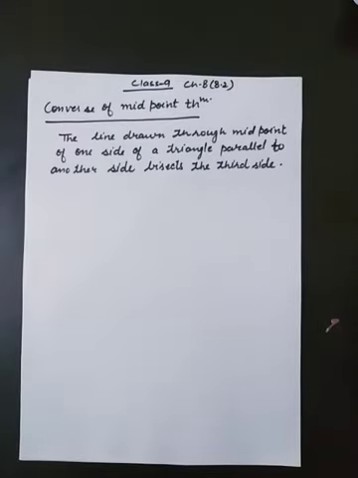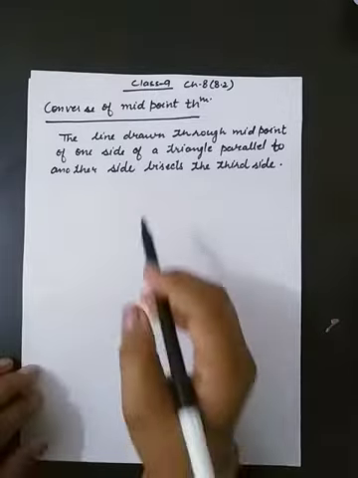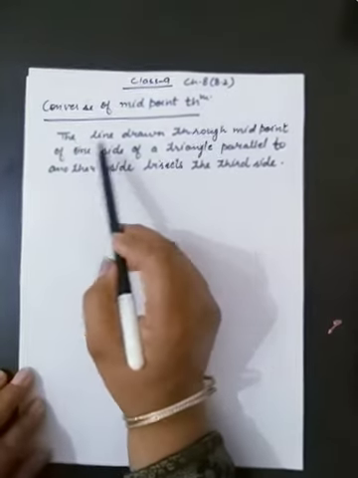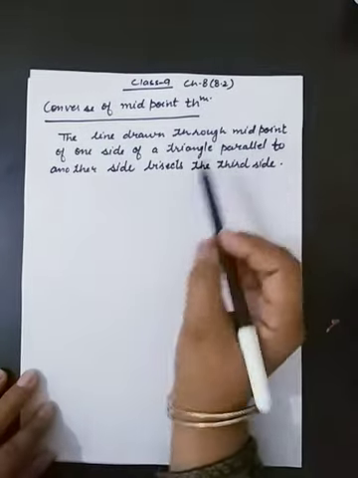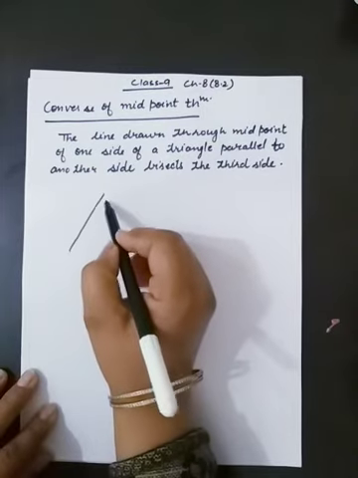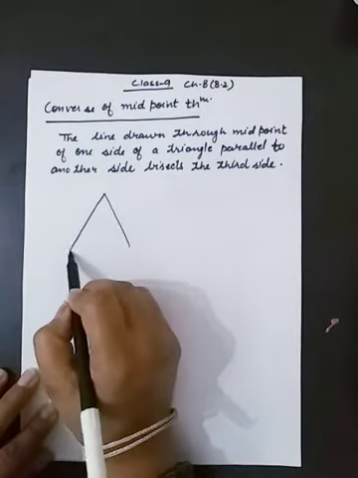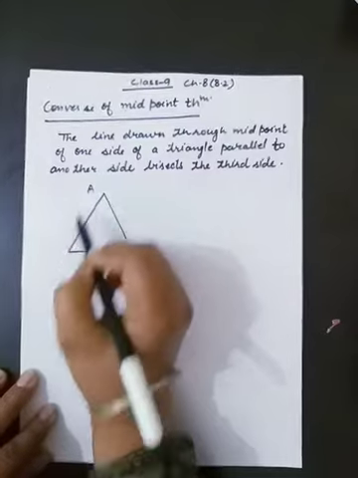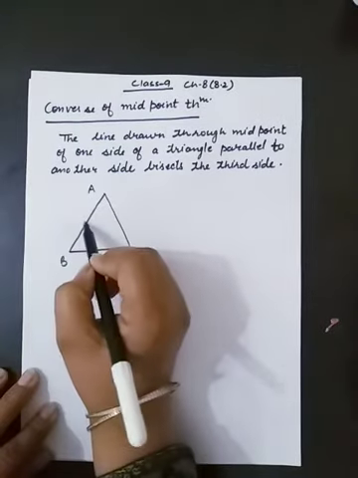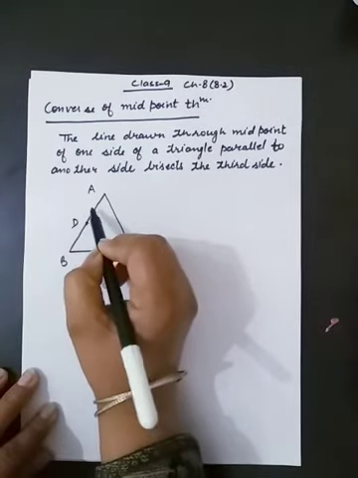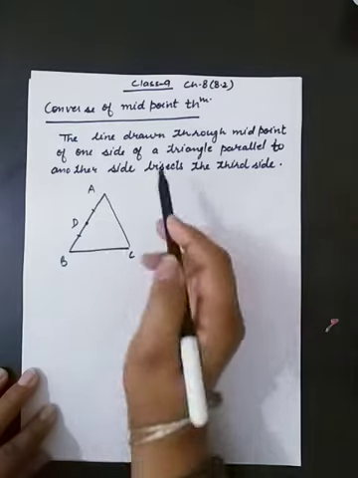Now, the converse of midpoint theorem. This is the line drawn through the midpoint of one side of a triangle. Now, we are having a triangle and D is the midpoint of side AB.